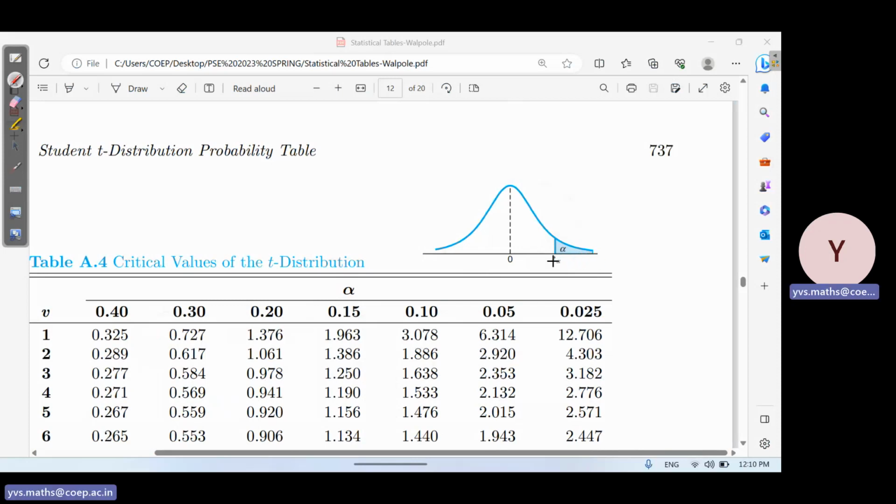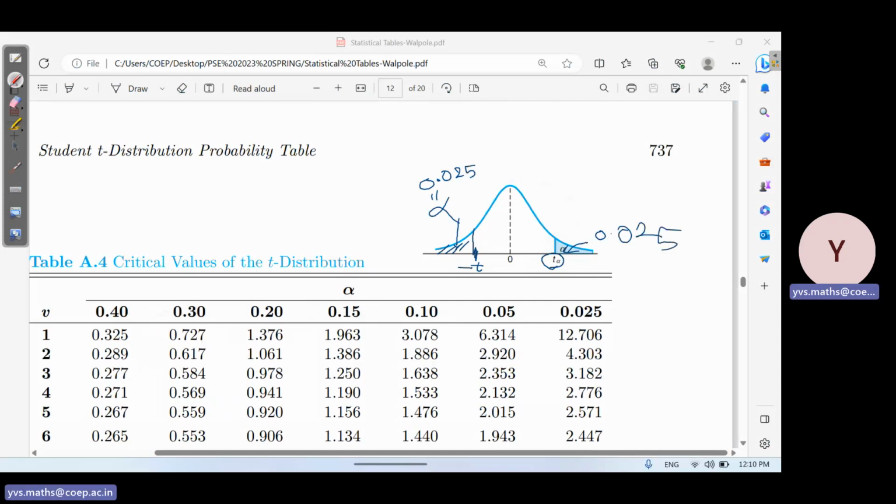If I say this value is t, then because of the symmetry of the t distribution curve, this value will be minus t, and the area to the left of minus t is also alpha. In our question, alpha is 0.025. So what is the t value whose area after it is again 0.025?